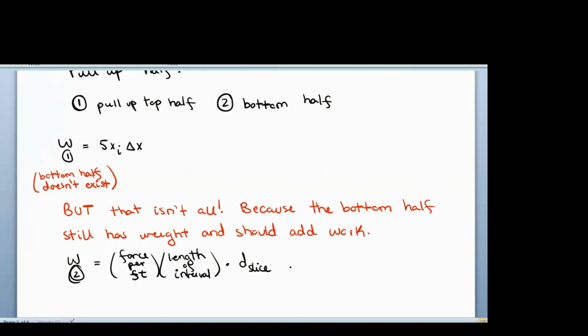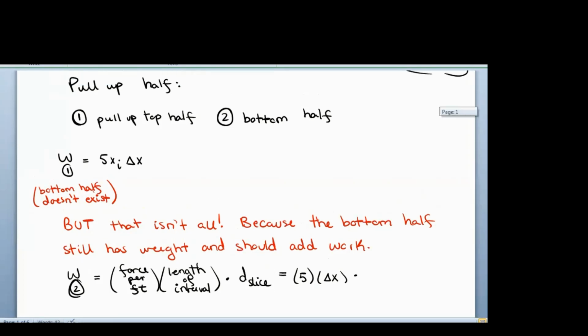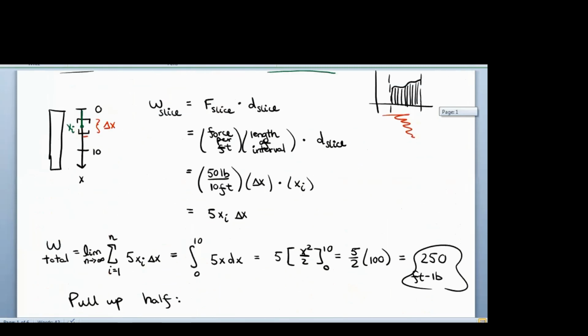So let's see where this differs from the original problem. The force per foot should be the same. The rope still weighs the same, it still has the same length, so that's still going to be 50 divided by 10. The length of my interval is still delta x, and so it must be this distance of the slice that changes. So let's look here at what happens.